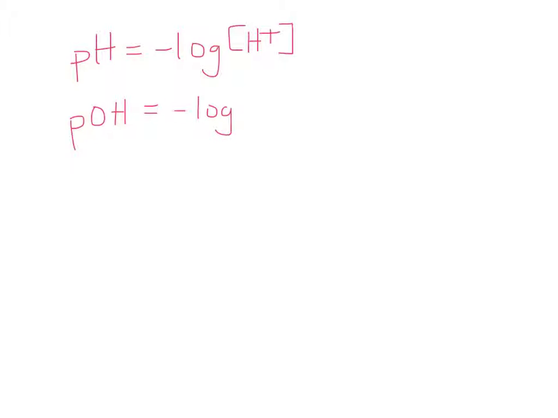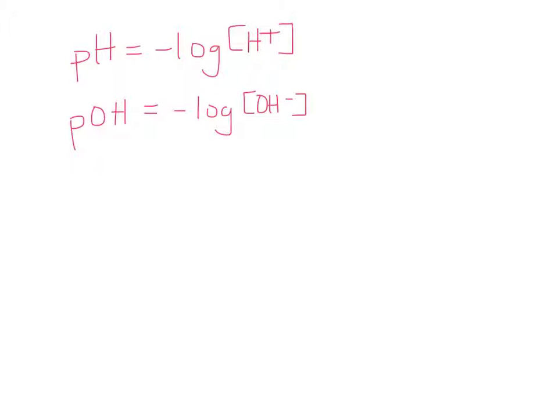So here are these relationships that you need to know. We've already established that pH is the negative log base 10 of the hydrogen ion concentration. pOH is very much the same type of thing, except for the base, the hydroxide ion concentration.